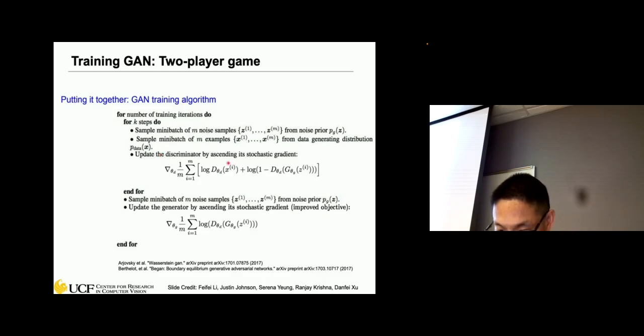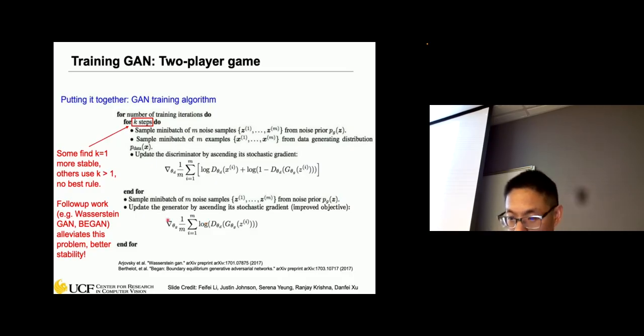And we update the discriminator based on the discriminator objective. We can do this a couple of times. Then we alternate and switch to the optimization for the generator: we sample m noise samples and use the generator objective to do this. We can do this for a couple of iterations. That's the alternating training strategy for GAN training.